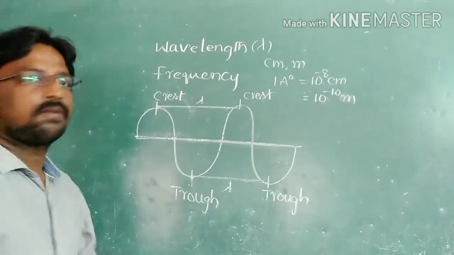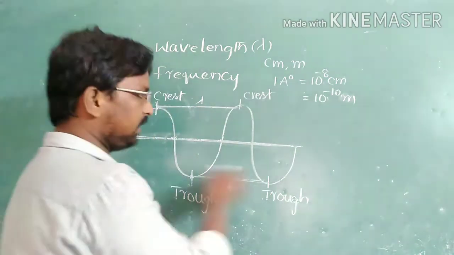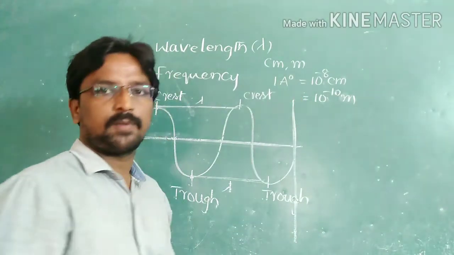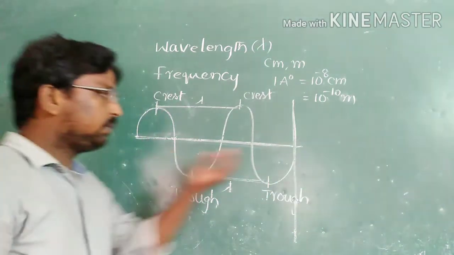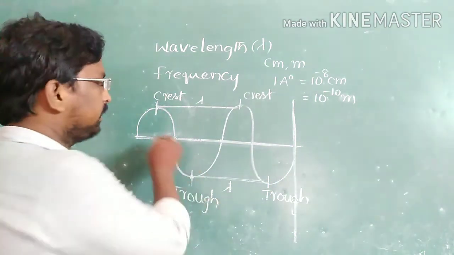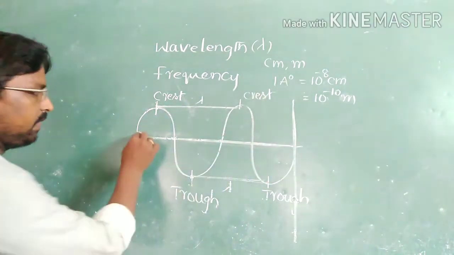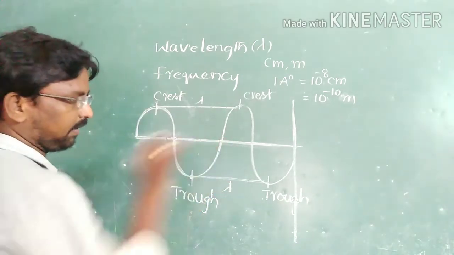And the second one is frequency. Suppose in this wave, let us take a reference point. The number of waves passing this reference point is considered. A wave is actually a complete crest and a complete trough.